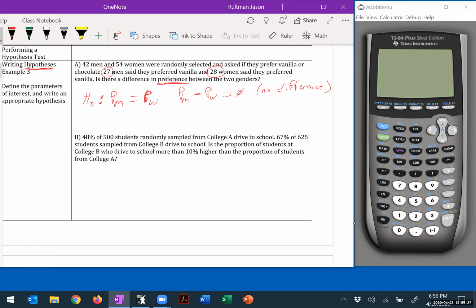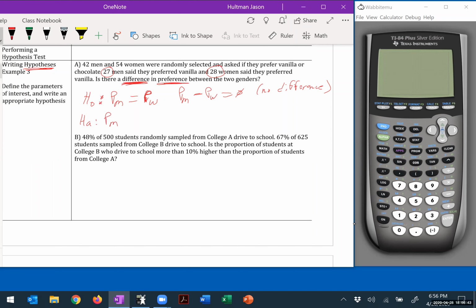Okay, what would be my alternative hypothesis? My alternative is that there is a difference. Now, does it tell me whether it's more or less? No, it just tells me that there's a difference.